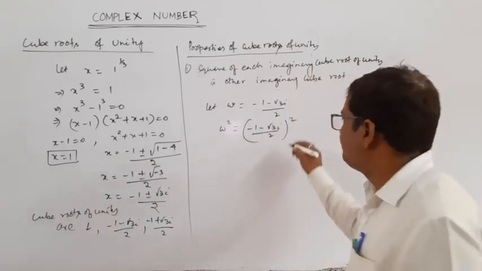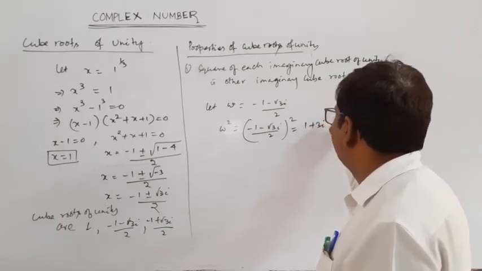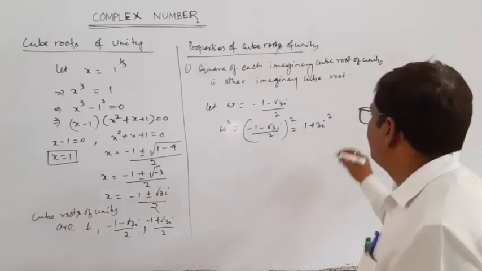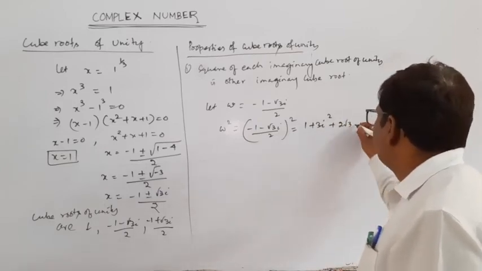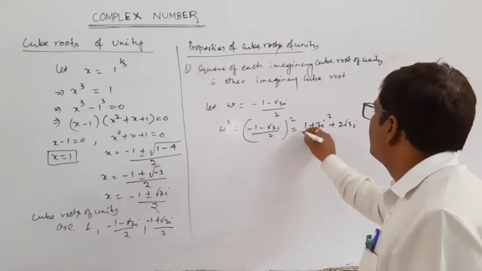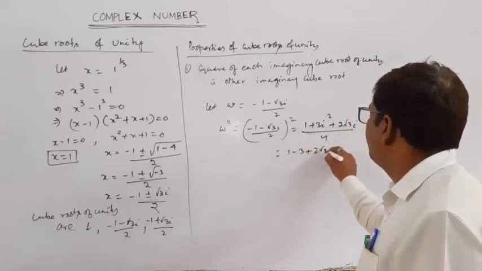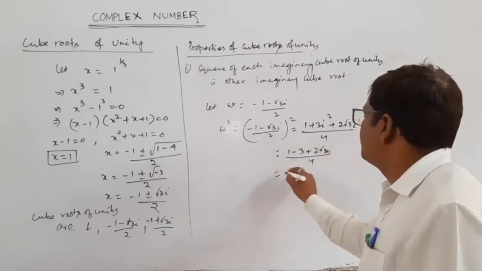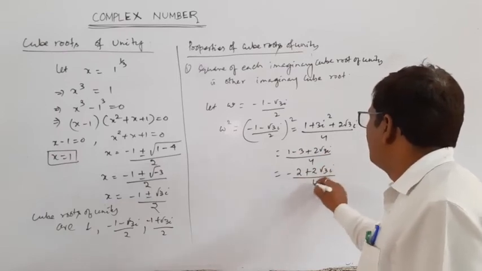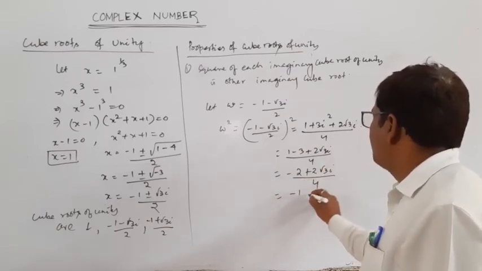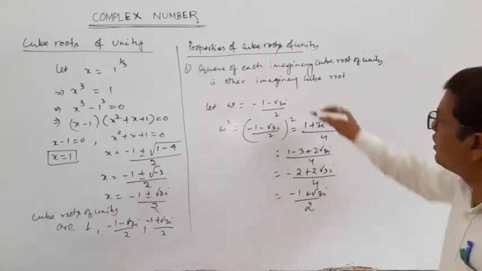That is 1 plus 3i square plus 2 root 3i by 4. That is 1 minus 3 plus 2 root 3i by 4. That is minus 2 plus 2 root 3i by 4. Cancel 2, so minus 1 plus root 3i by 2. This is the square of this, equal to this.